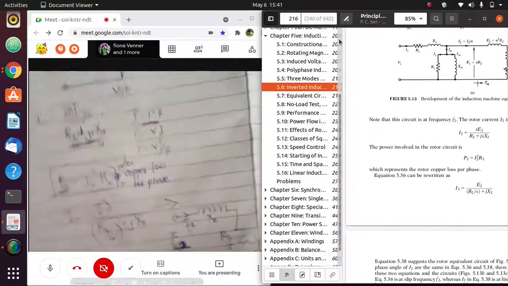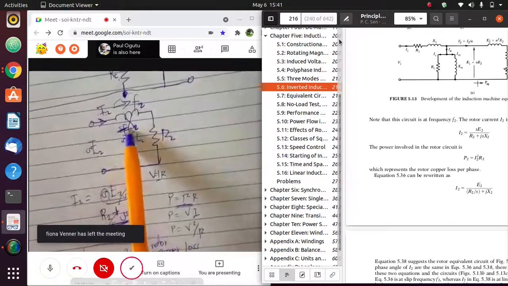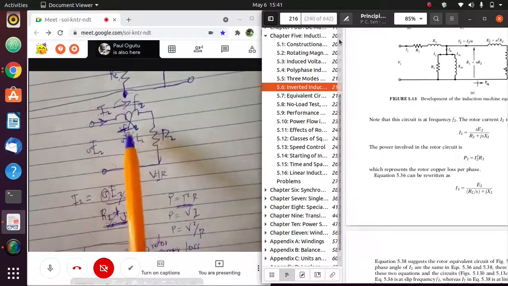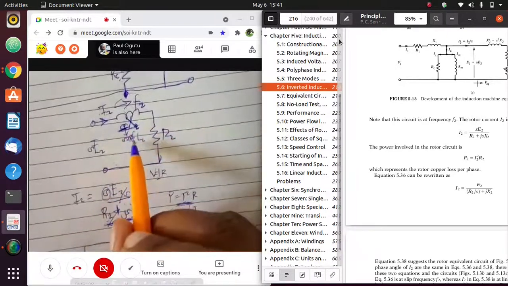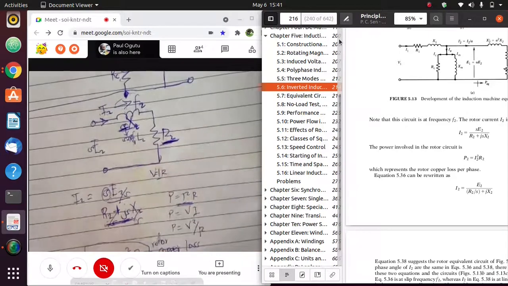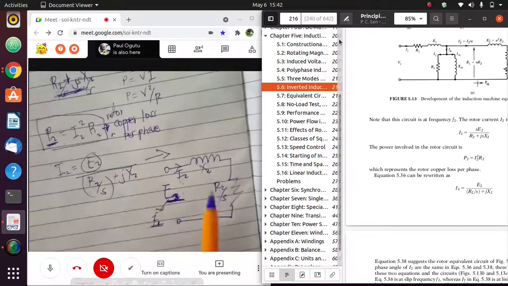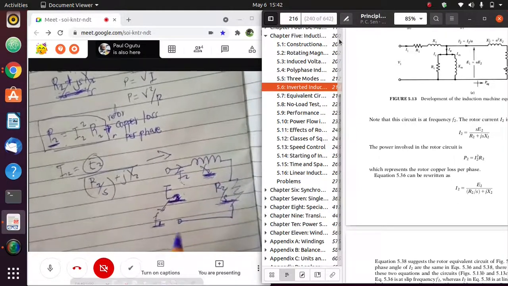Now, in this case, the leakage reactance is dependent on speed, because sababu kuna slip, SX2. So this leakage reactance is dependent on slip, but the resistance is constant. While in this case, the reactance is constant, but the resistance is dependent on slip.